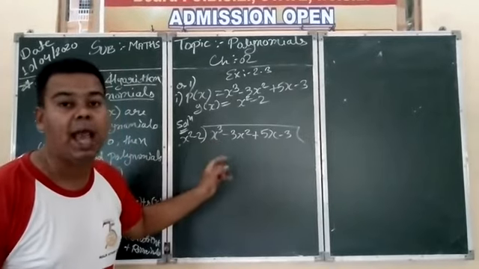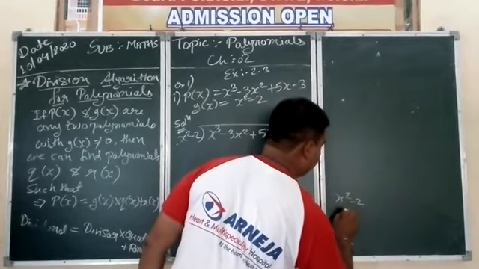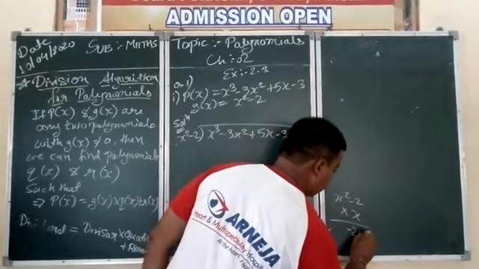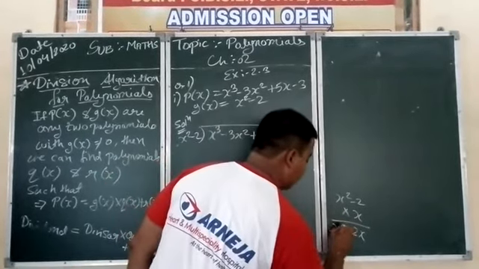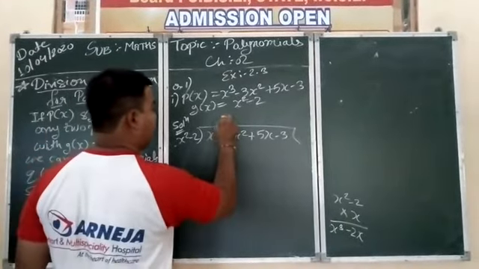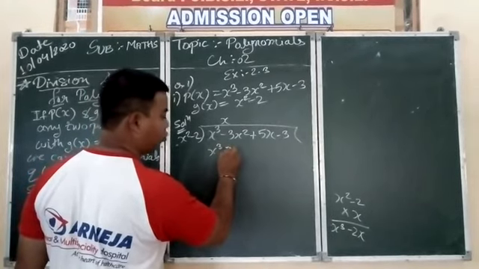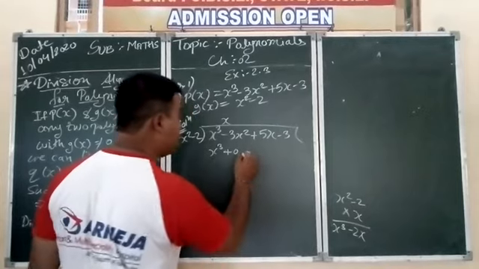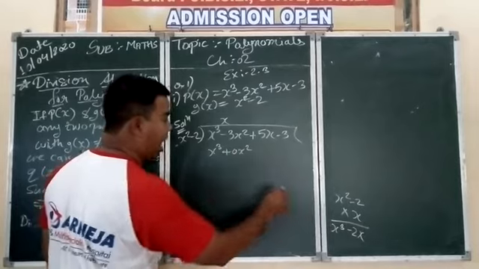We want x cube, so x square minus 2 is multiplied by x. So x into x square is x cube, and minus 2x. We get x cube minus 2x. Here we write plus 0x square, since the x square term is not given, and minus 2x.